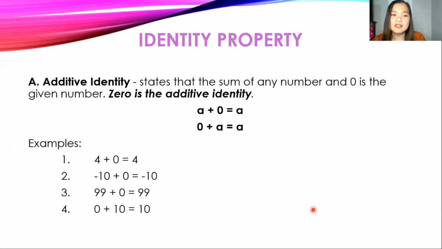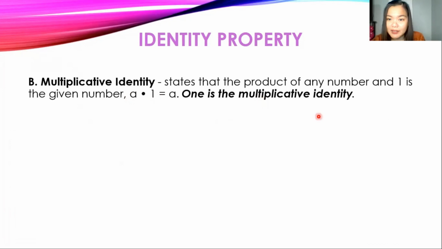Kanina, 0 is the additive identity, 0. Multiplicative identity is 1. So that A times 1 equals A, or 1 times A equals A.